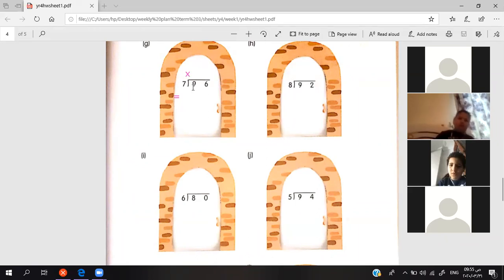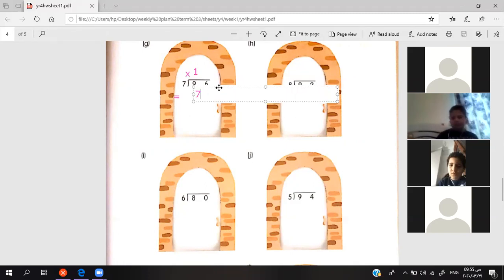Nothing. I look for a number smaller than 9. 8 is also not an answer in timetable 7. 7, yes, 7 is an answer in timetable 7. What times 7 is gonna be a 7? It's 1. I wrote the answer and I must multiply. So I multiply and write my answer. This is the first question, the first step. 1 times 7 is gonna give me a 7.